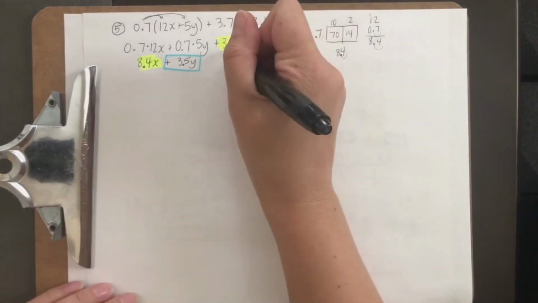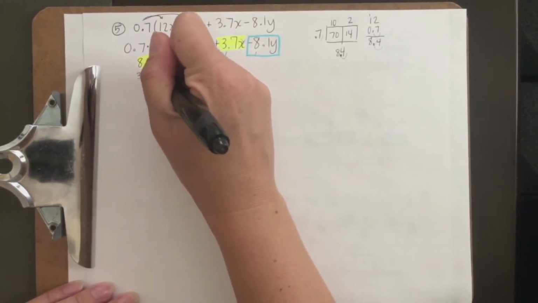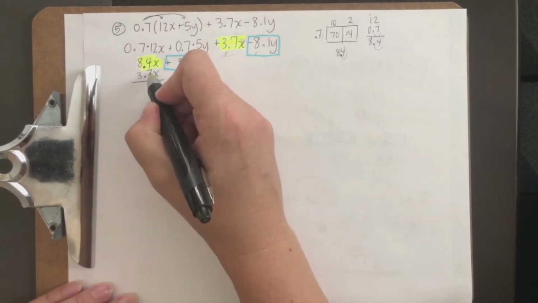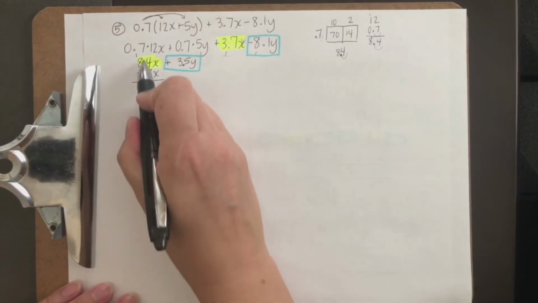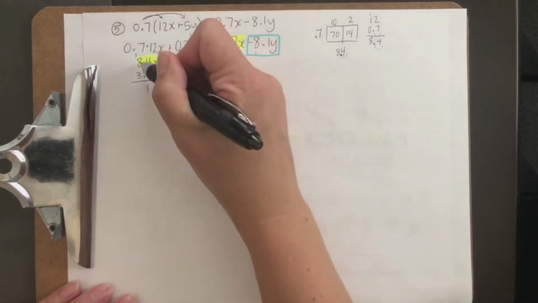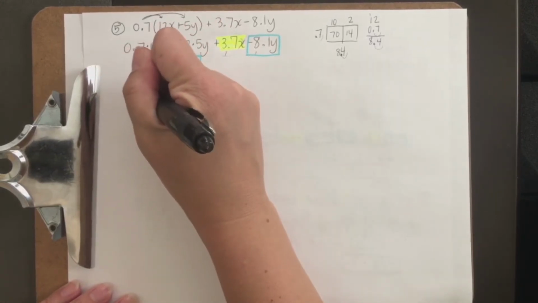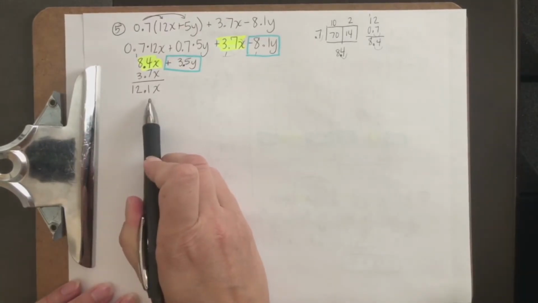So I'm going to take this and put it right here, 3.7x, and I'll add those together. 4 and 7 is 11. Remember, when we're adding, we line up the decimal places. 8, 9, 10, 11, 12. And then that's how many x's we have, 12.1 x's.